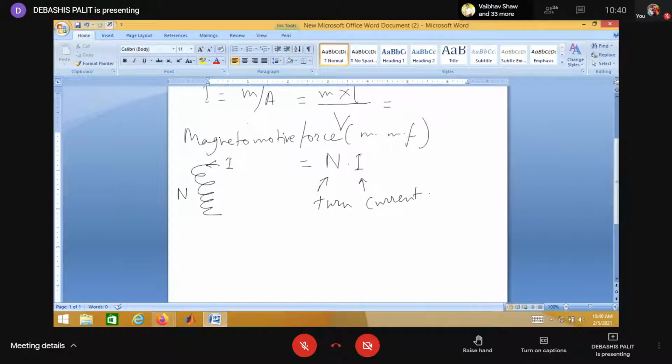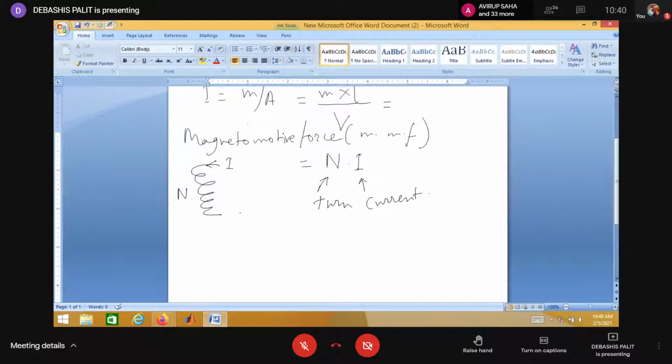In the case of electromotive force, that is the work done, that is your V, voltage, the potential.